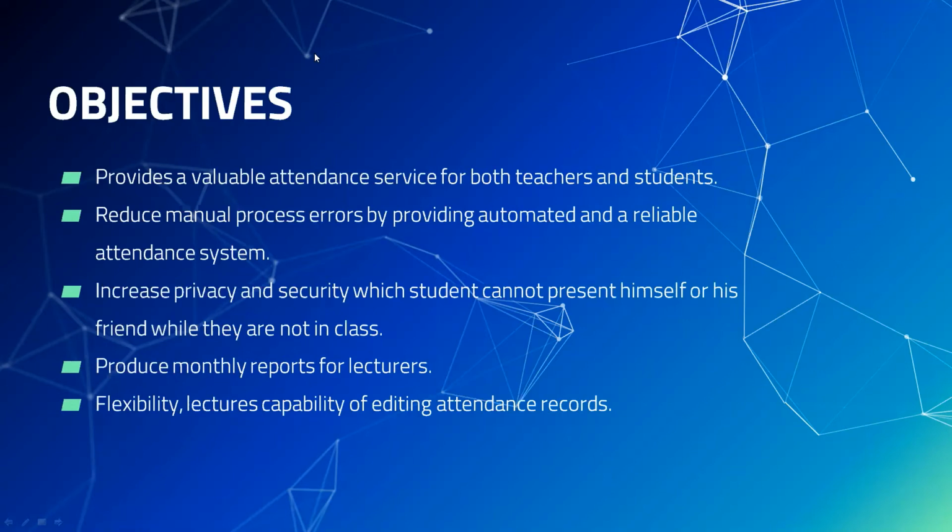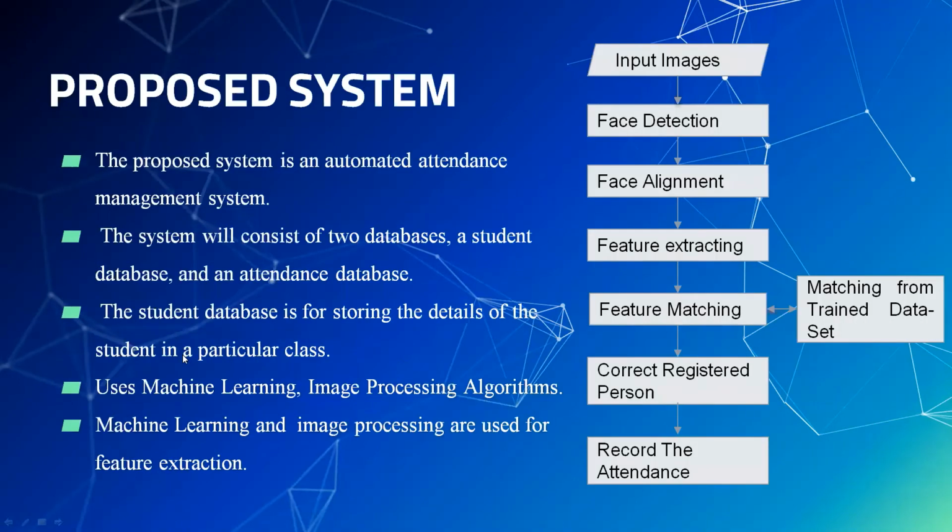Okay. Can you tell me the flow of your project, how it is going to work? Amruta, change the slide. First, we're going to take the input and detect the face using deep learning methods.